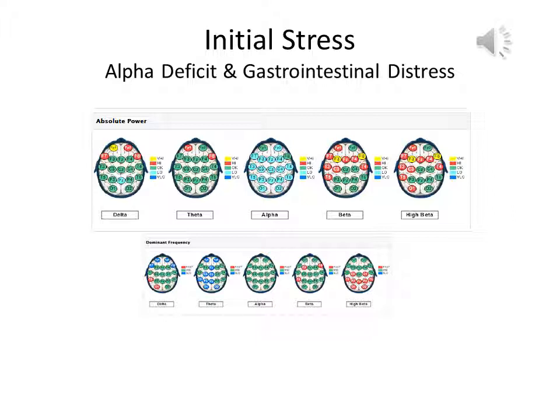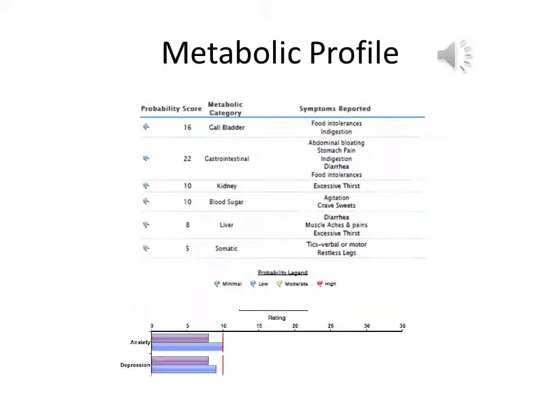Now, this is typical of the initial stress stages. Later on, we're going to see when the thyroid becomes dysregulated as a consequence of growing physiological inflammation related to the stress, we'll see that this alpha down here begins to turn blue under the dominant frequency area, and alpha begins to slow into the 8 Hertz range.